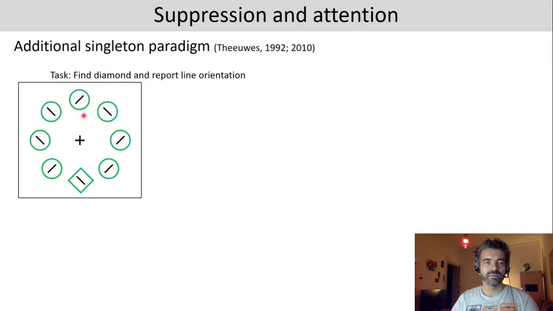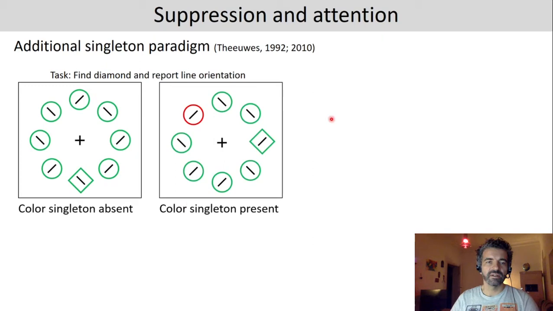Here the task would be to find the diamond and report the line orientation. So in this case they would have to report a bottom right orientation, the line has a bottom right orientation.